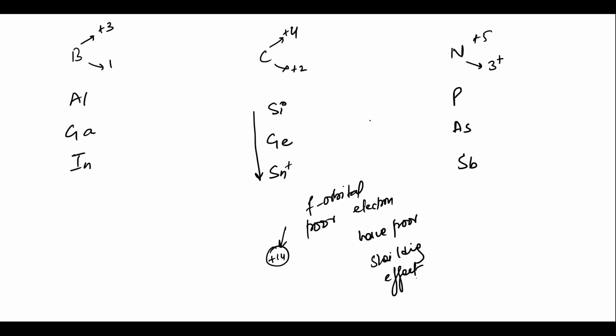As a result, the nucleus becomes more powerful, because as you know, when the number of electrons is added, the number of protons is also added. So there is an addition of 14 protons, but poor shielding by f orbital electrons.